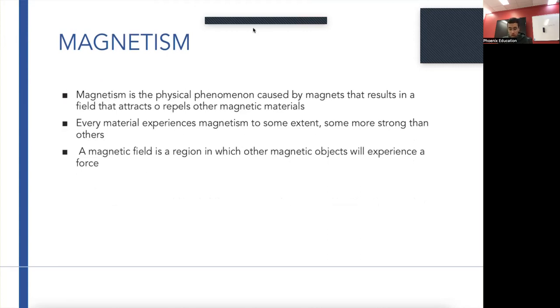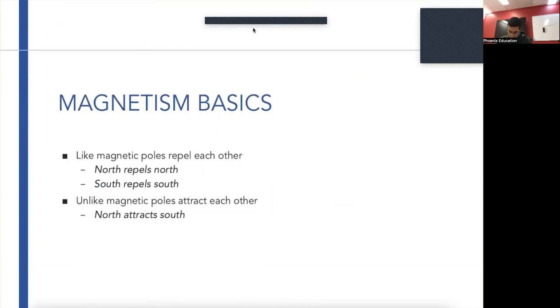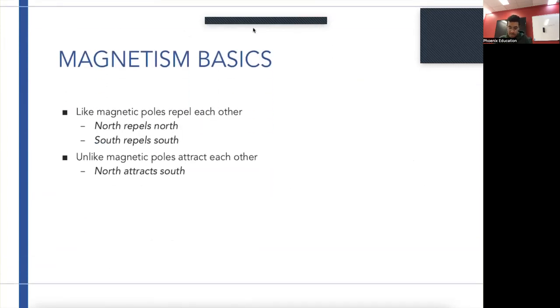It can be smaller or larger depending on the material. Some basics on magnets is that north repels north. So it's similar to charges, how like charges repel and unlike charges attract. It's similar for magnetism in that like magnets repel and unlike magnets attract.